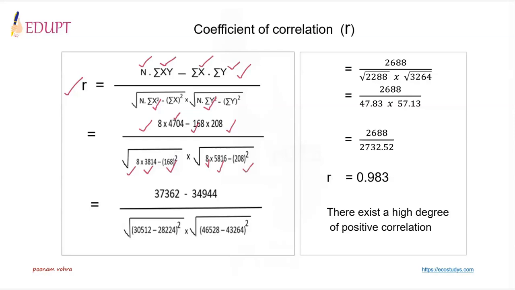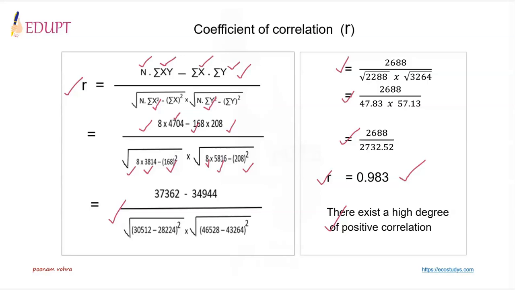After substituting the values you calculate it, and finally you get the correlation as 0.983. So the interpretation is that there exists a high degree of positive correlation, because it is not showing any negative sign. So it is positive correlation.